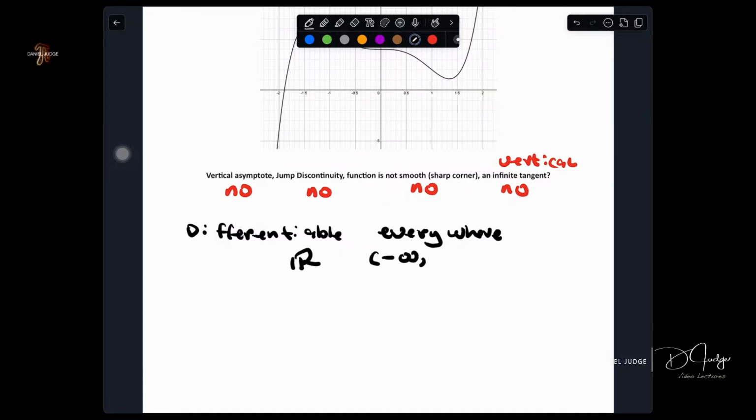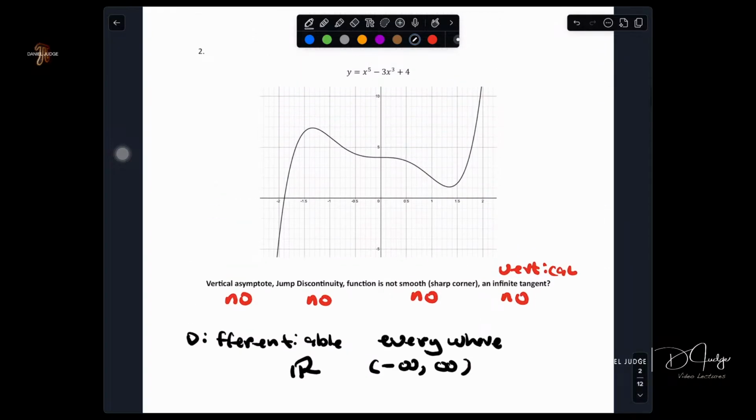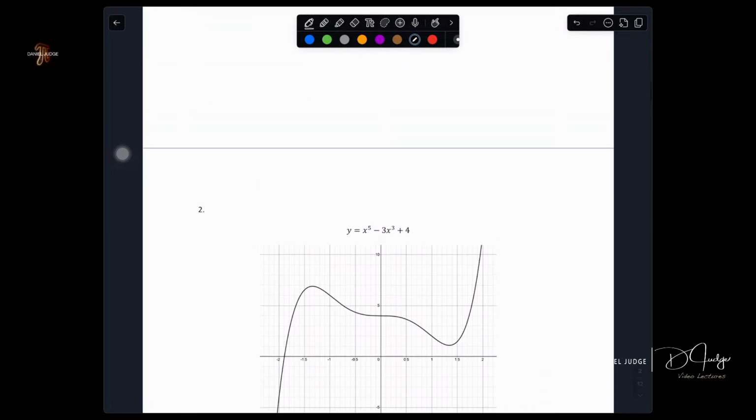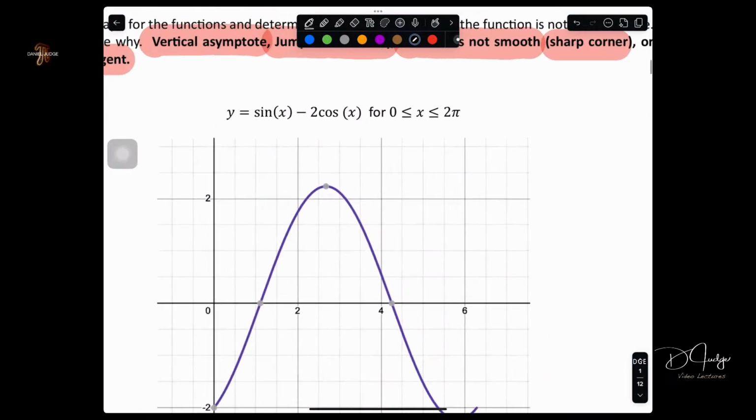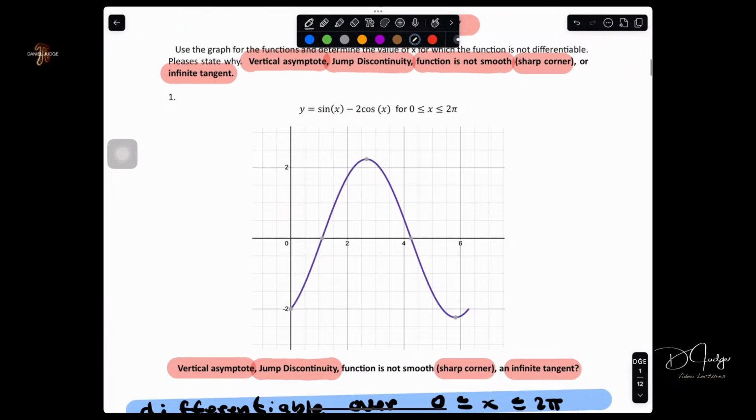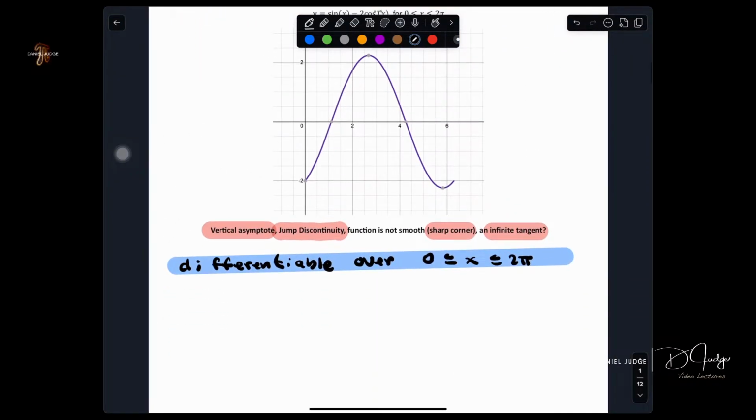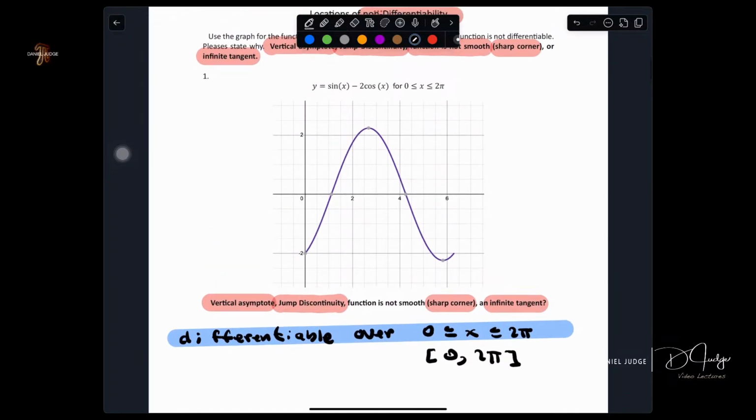And then let's talk a little bit about the interval notation. Because if you're looking back at your book, you might see this kind of notation, like over here, this function is differentiable over the interval that it's defined, the restricted domain, from 0 to 2 pi. And in terms of interval notation, that's 0 to 2 pi here. So you might see that as well.